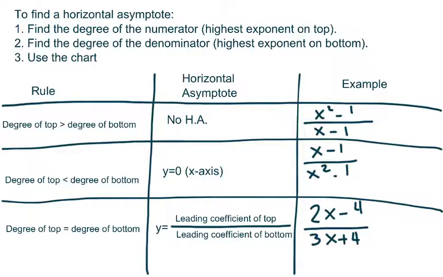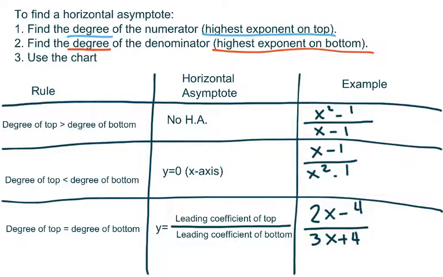Thank you. So to find a horizontal asymptote, number 1, you're going to find the degree of the numerator. So if you have forgotten what that word degree means, that's your highest exponent on top. Alright, and then number 2, I'm going to find the degree of the denominator. That's your highest exponent on bottom. And then I'm going to use this chart to look at this.